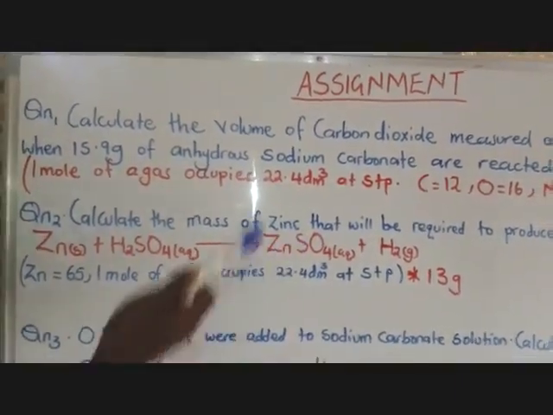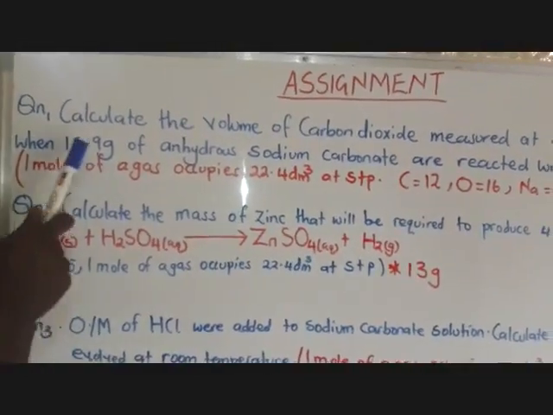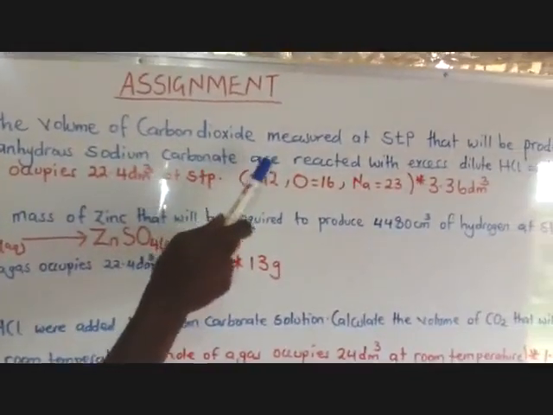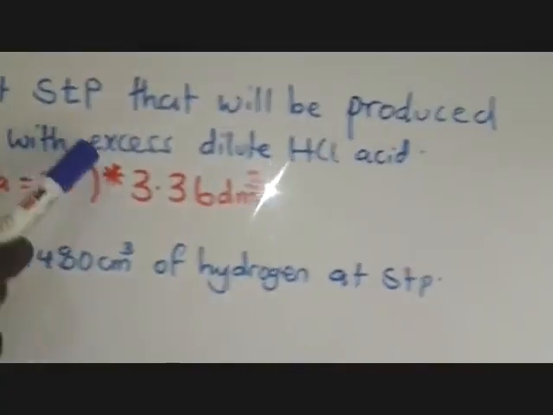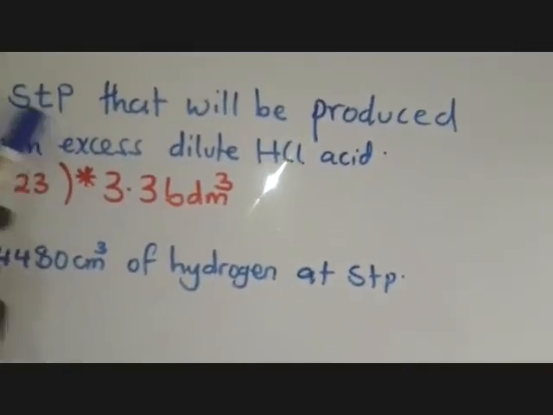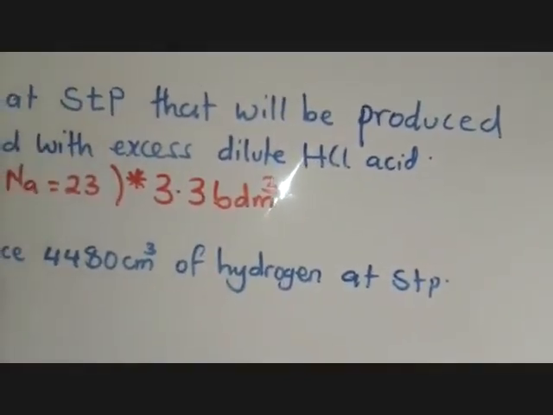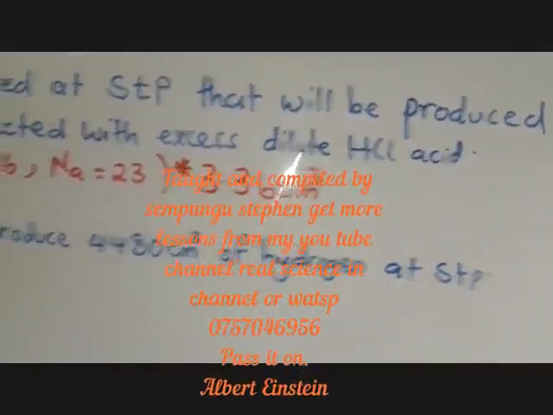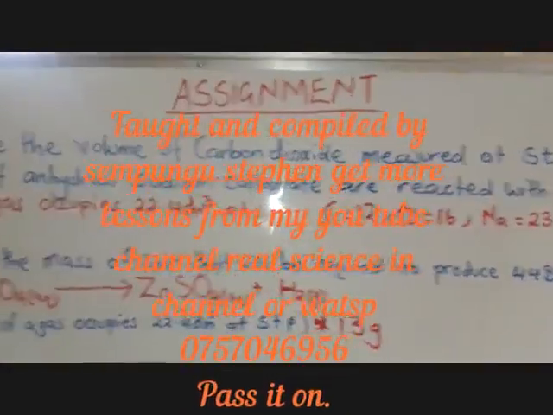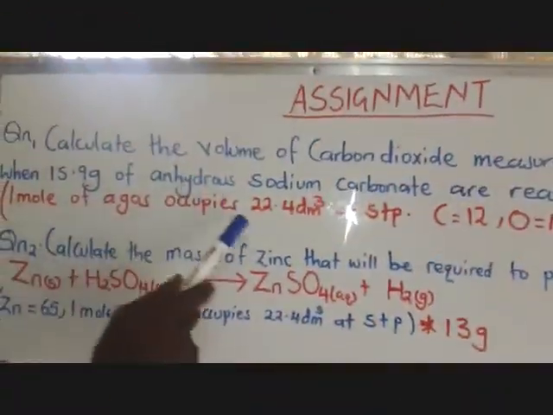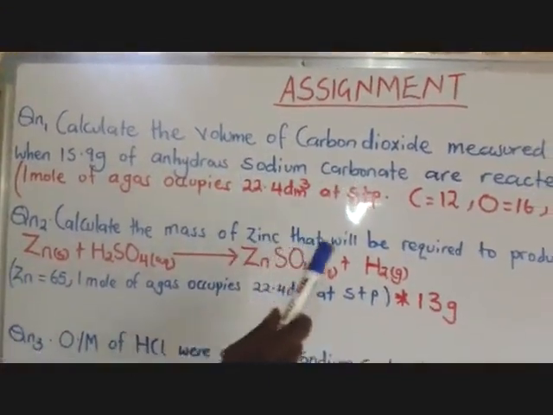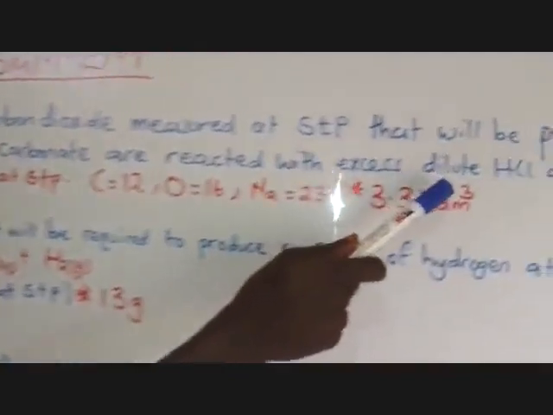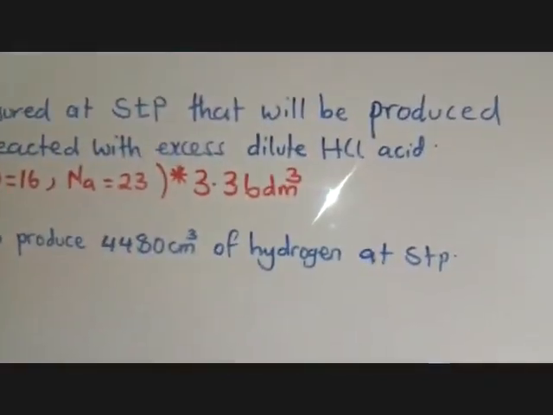These are try questions acting as our assignment. Question 1: calculate the volume of carbon dioxide measured at STP, standard temperature and pressure, that will be produced when 15.9 grams of anhydrous sodium carbonate are reacted with excess dilute hydrochloric acid.